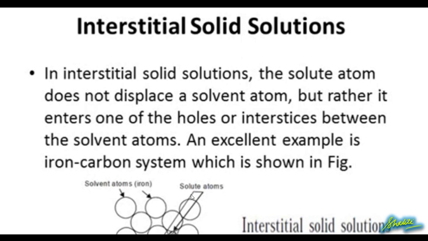Now, the second type is interstitial solid solutions. In interstitial solid solutions, the solute atoms do not displace the solvent atoms, but rather enter one of the holes or interstices between the solvent atoms. An excellent example is the iron carbon system, which is shown in the example.